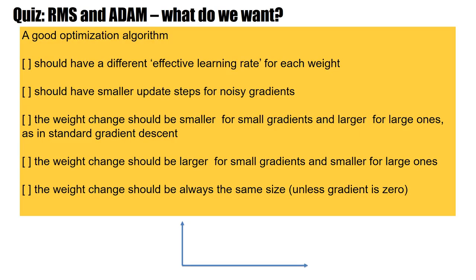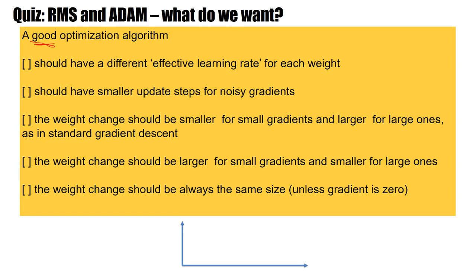So before we discuss the algorithms RMSprop and ADAM, let's just think together, what would we want? What would be a good optimization algorithm? Well, should a good optimization algorithm have different effective learning rates for each weight? Well, that's what we have seen with momentum.